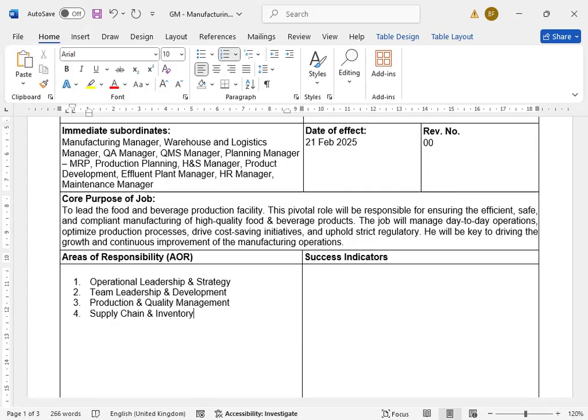One inventory is the inbound, the raw materials inventory: raw materials, ingredients, packaging materials, and other important materials in running the plant, even the cleaning materials, etc. Okay, he will take care of that.